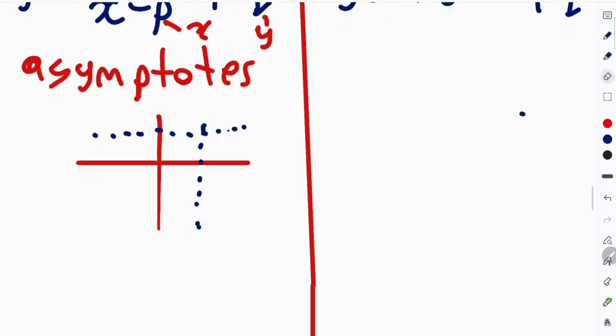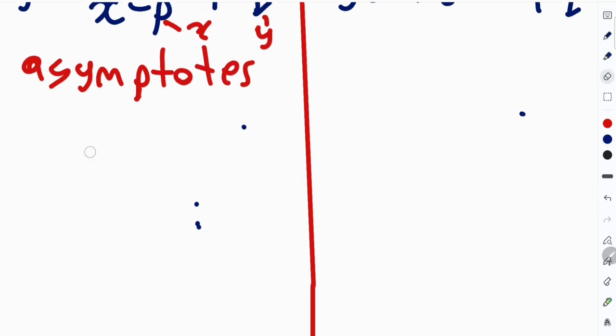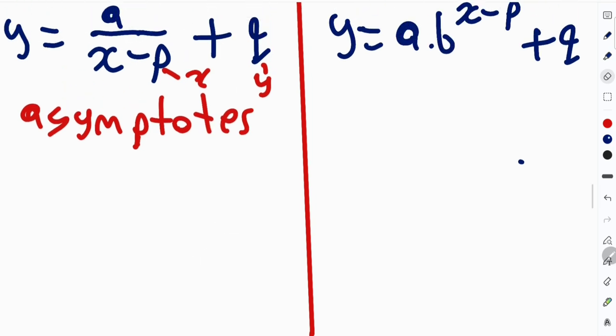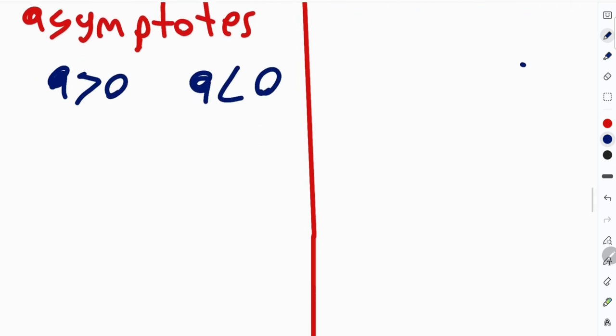But we'll look at that with values. Before we get to that, a hyperbola also has a shape, just like we saw with the linear parabola. So for your hyperbola, when your a is greater than 0 and when your a is less than 0, this is what you can look out for.